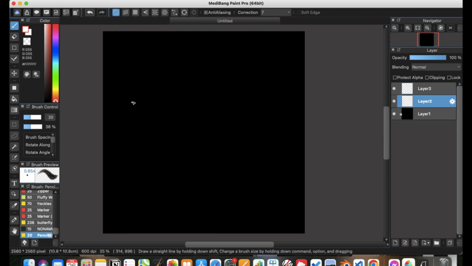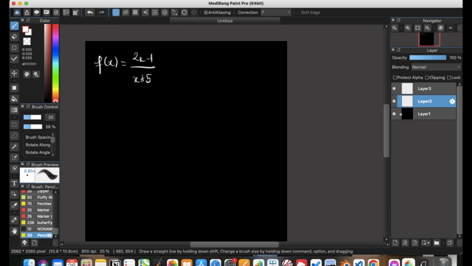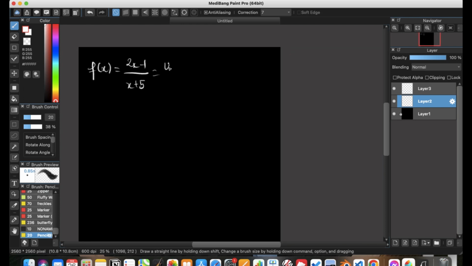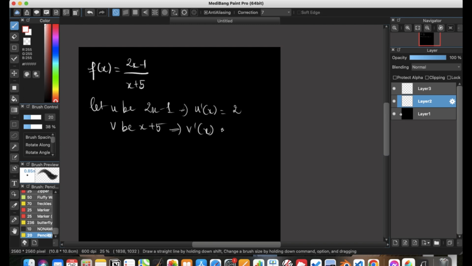Let's take a look at an example. Let's say f(x) equal to 2x minus 1 over x plus 5. I'm going to let u be 2x minus 1, then u prime of x would be 2, right? Let v be x plus 5, then v prime of x is equal to 1, obviously.